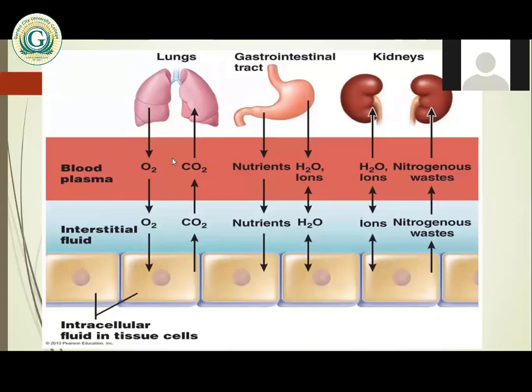Then this plasma carries the oxygen. Then we will also have oxygen diffusing from the blood to the interstitial fluid surrounding the cell. Then the oxygen diffuses from the interstitial fluid into the cell, which is the intracellular fluid. That's how movement or transport occurs within.